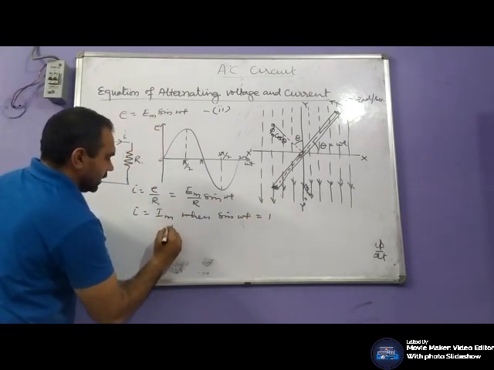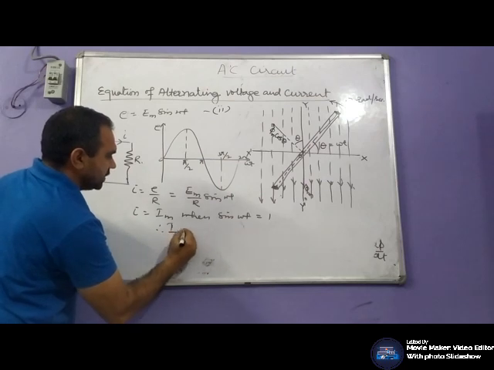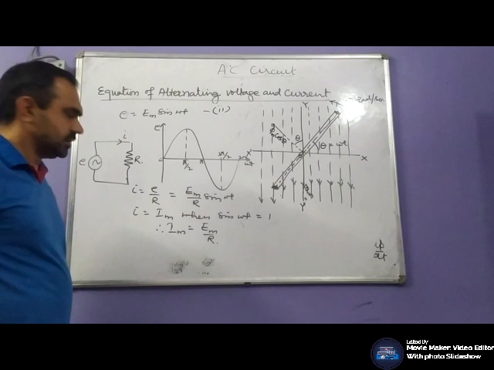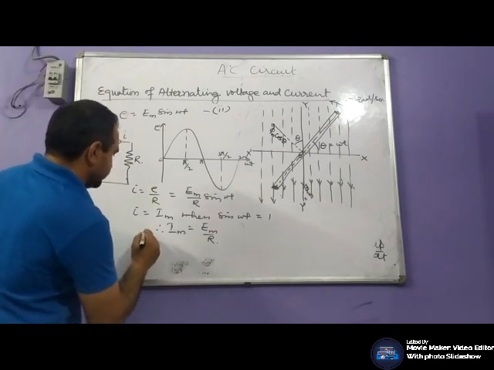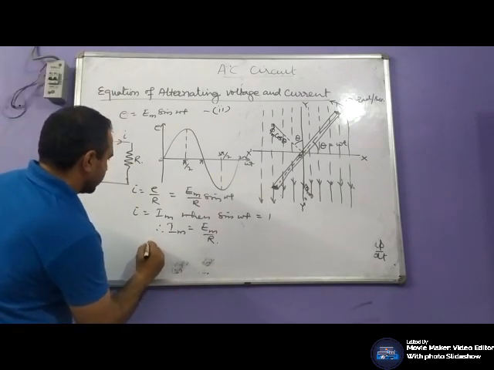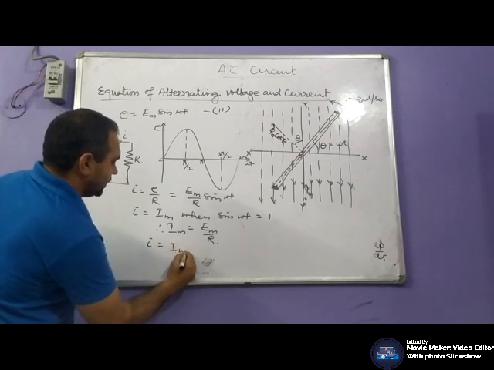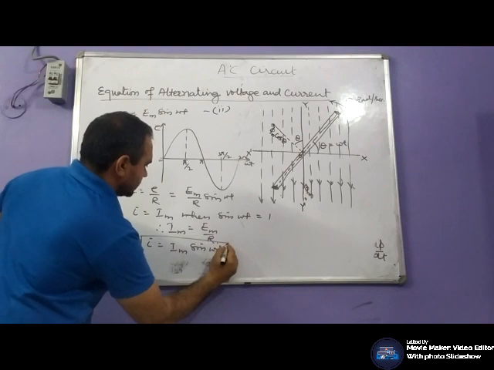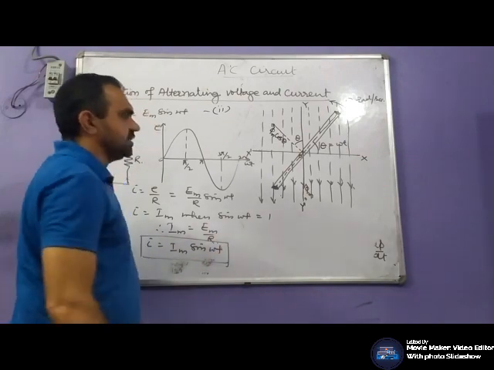Therefore Im is Em by R, and I would be I maximum sin of omega t. So this will be the equation for current.